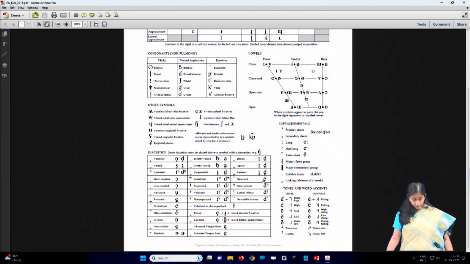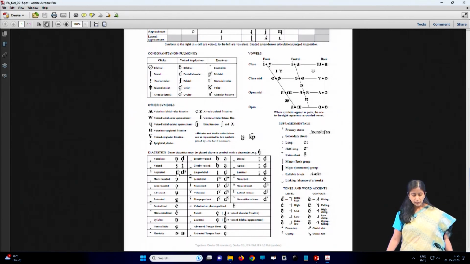Similarly, we have other sounds like aspirated sounds. Aspirated sounds are very common in, say, Indo-Aryan languages. Aspiration is basically when more air is taken out, there is a puff of air with force and more quantity of air comes out.